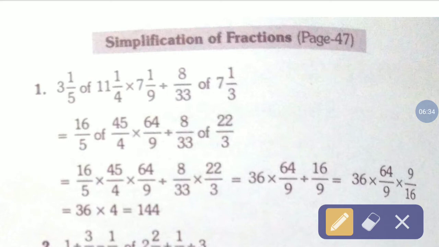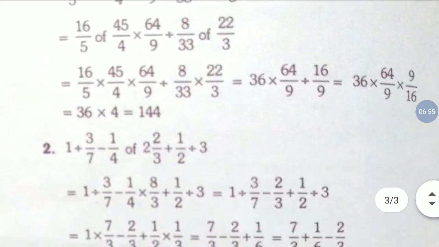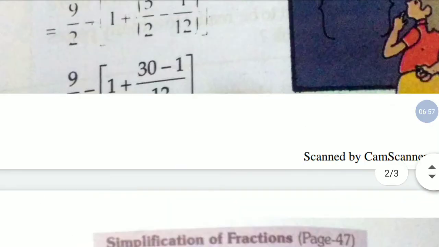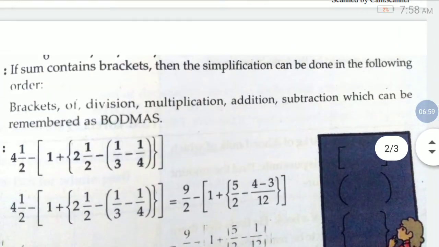So if we do this sum, 9 ones are 9, 9 ones are 9, and then 64 and 16, 16 ones are 16 and 16 fours are 64. So you will be getting 36 multiplied by 4 and you will get the final answer 144. In this way you have to solve it.